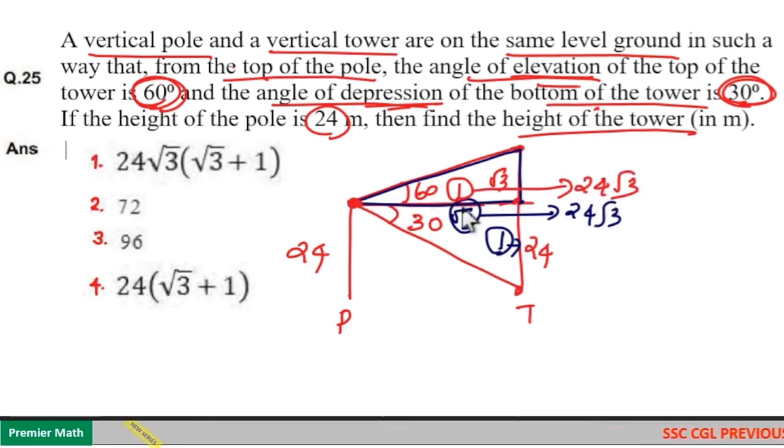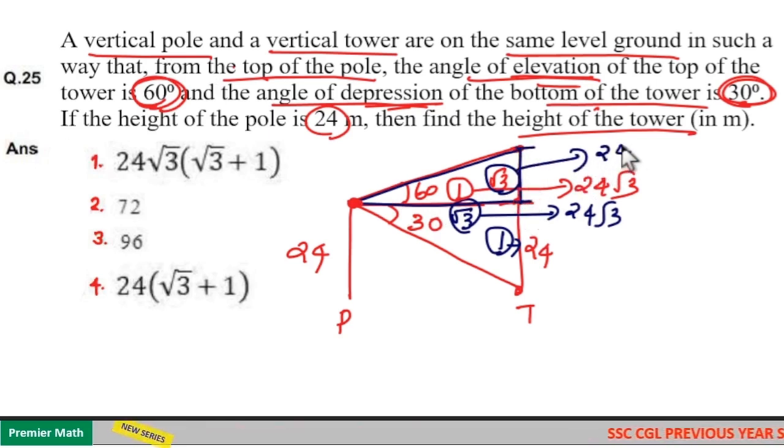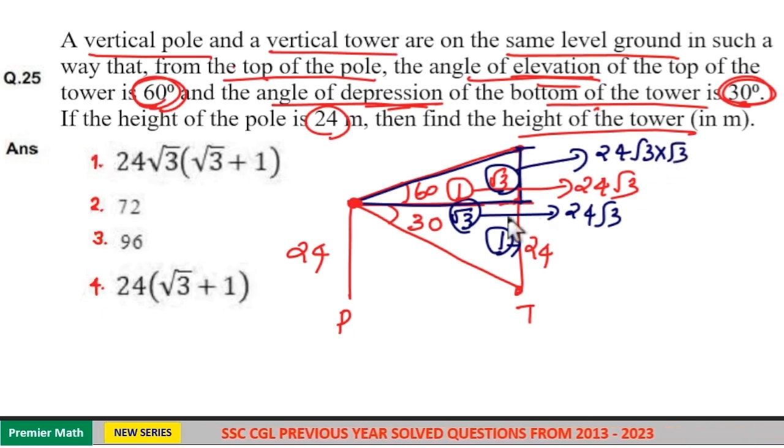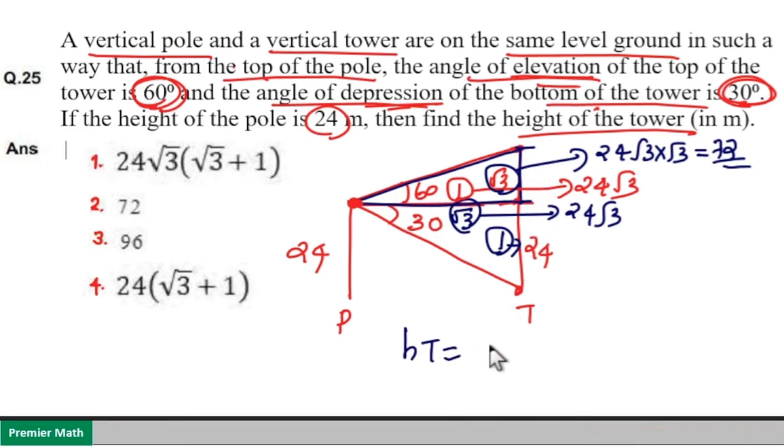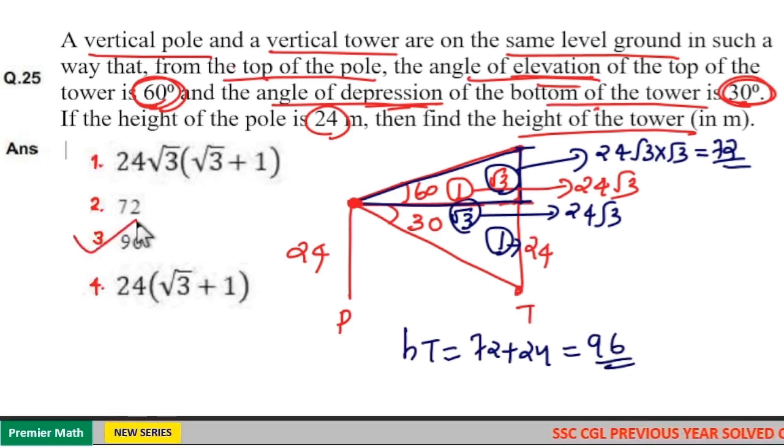We got it from the lower triangle. Now in the upper triangle, one part is 24 root 3. Then we have to find what root 3 part is, which is this height. So root 3 part is equal to 24 root 3 into root 3, which is 24 into 3, that is 72, which means the height of the tower is equal to 72 plus 24, that is 96. So option 3 is your answer.